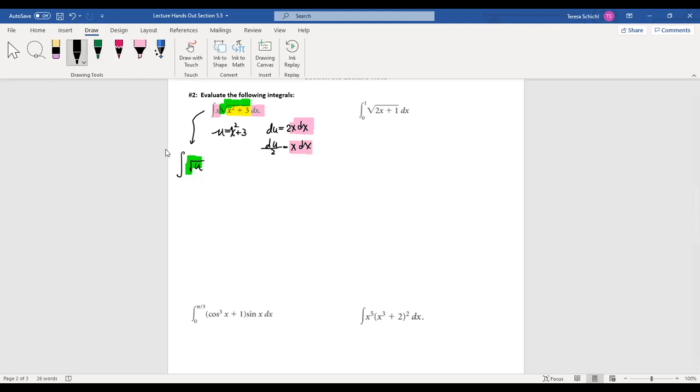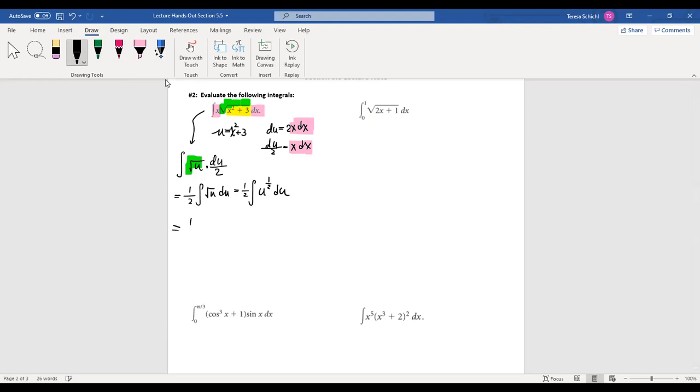Okay, so now I will substitute du over 2. Then you can move the 1/2 in front, and this is the square root of u, du. So this is 1/2 times u to the 1/2 du.